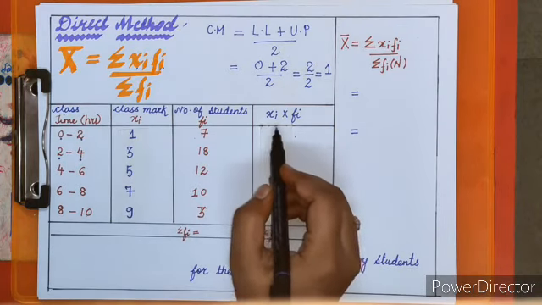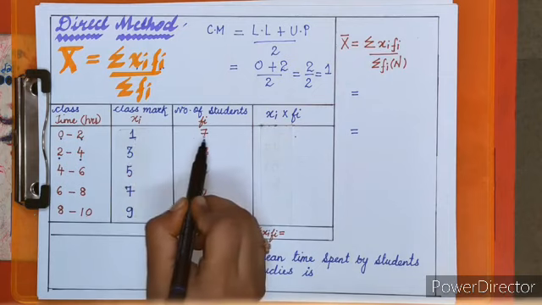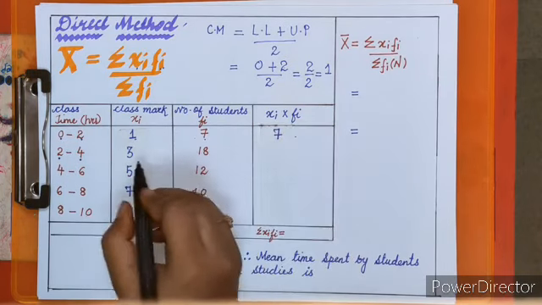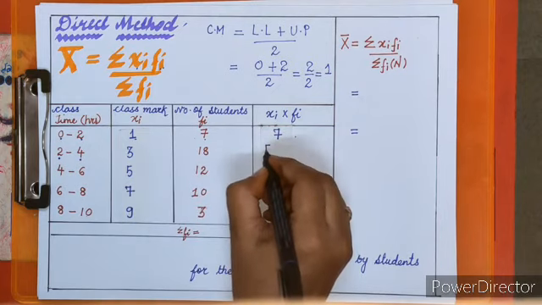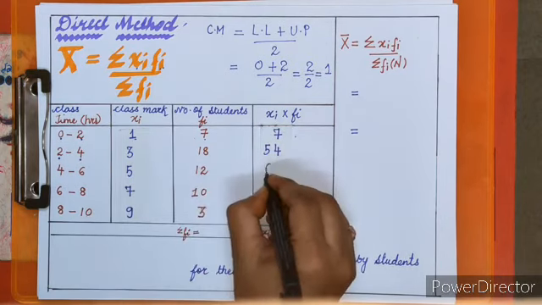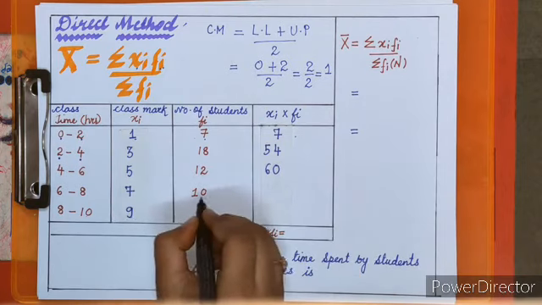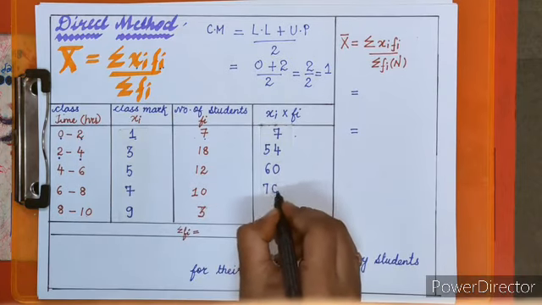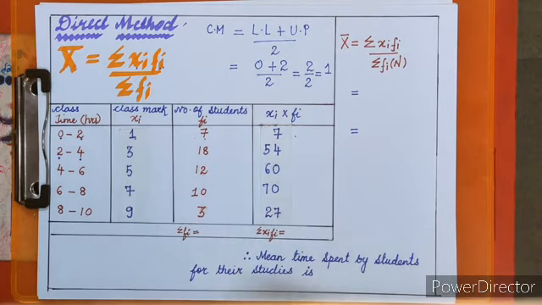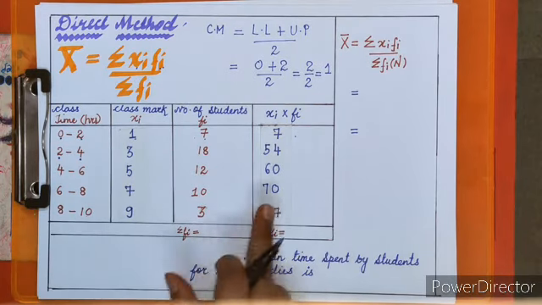Now last column is the product of class mark and frequency. 1 multiplied by 7 is 7, 3 multiplied by 18 is 54, 5 12s are 60, 7 10s are 70 and 9 3s are 27. So we have filled all the 4 columns.